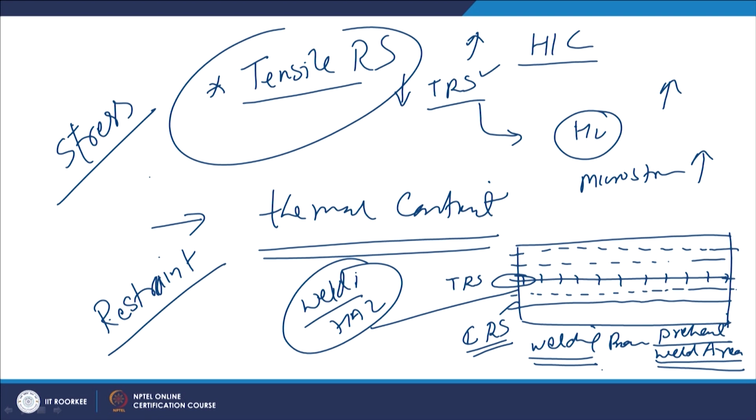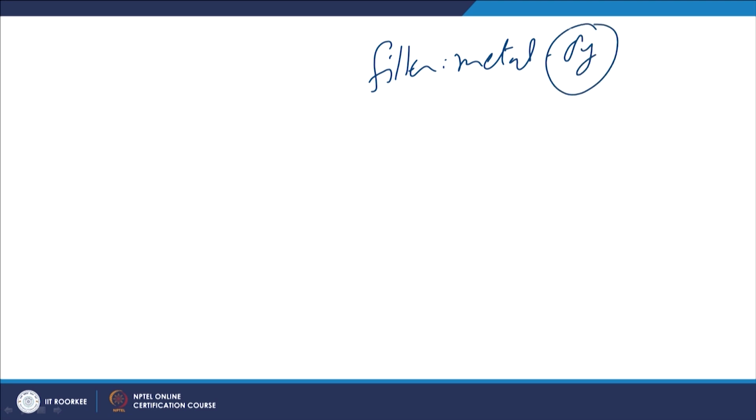So, the important factors that affect the residual stress magnitude include the filler metal's yield strength. Maximum residual stress magnitude can be equal to the yield strength, and if it is more than that, then the residual stresses will be released through the yielding or the deformation of the metal. Then the kind of the preheat, greater is the preheat, lower will be the residual stress.